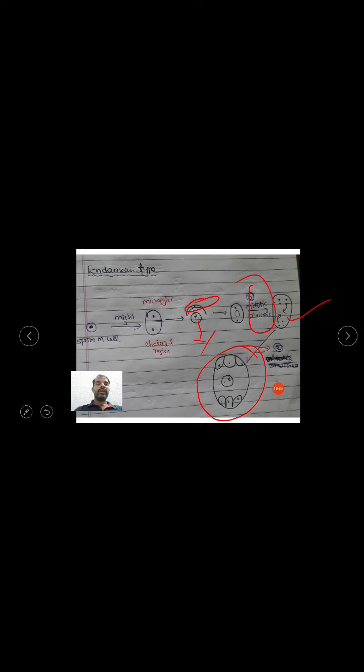First one: what is the condition of the megaspore mother cell? That is 2n. In meiosis division, how many daughter cells are produced? Only four daughter cells are produced, while mitosis, quite opposite to meiosis, produces only two.